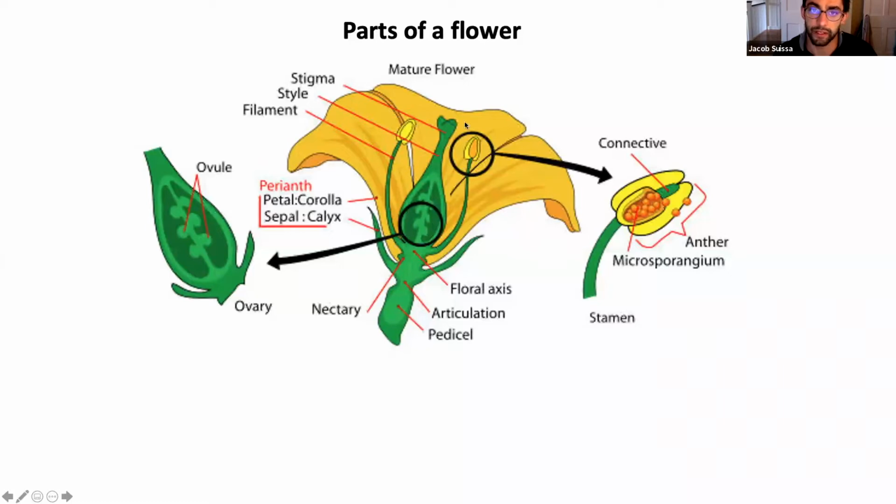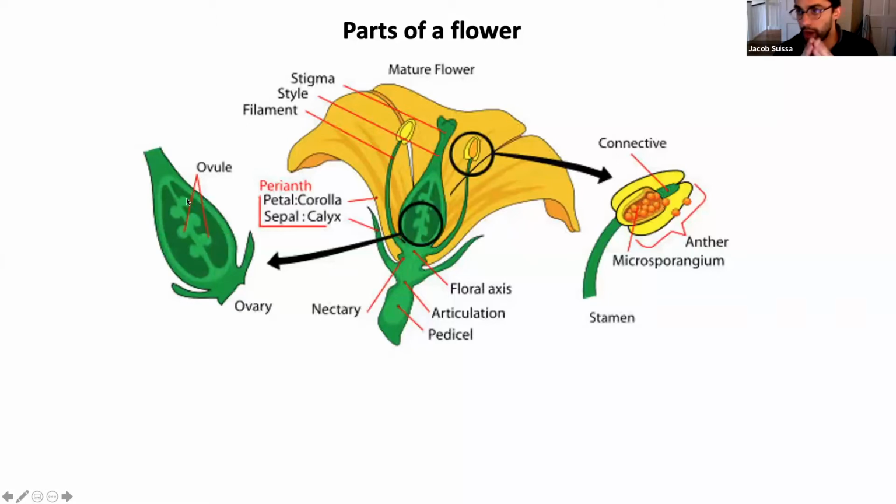We have a specific name for the megasporophyll, and for different parts of the megasporophyll. But in the broad sense, we call this part the pistil. It's comprised of the stigma, the upper pollen-receptive portion; the style, which is the neck that connects the base of the ovary to the stigma; and then the ovary itself, which is composed of, like I said, the megasporophylls.